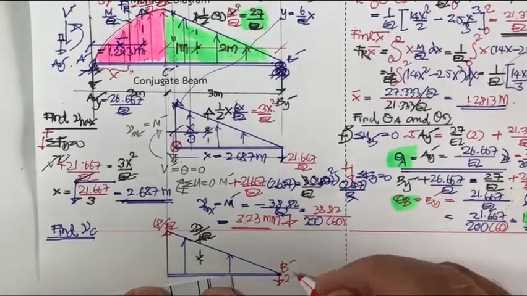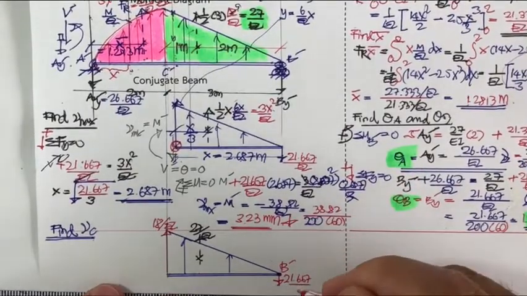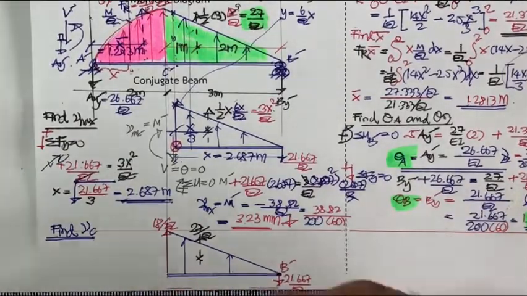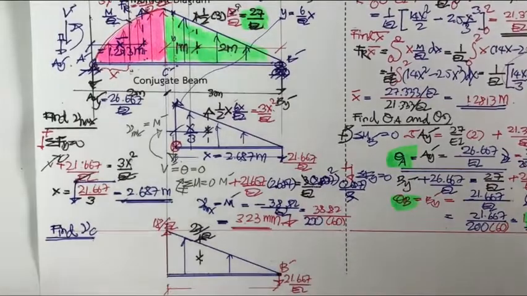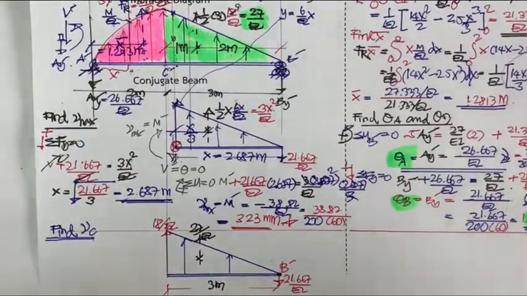So this is B prime, 21.667 divided by EI, and we have this for 3 meters. Okay, it's different. And this one is going to be C prime.